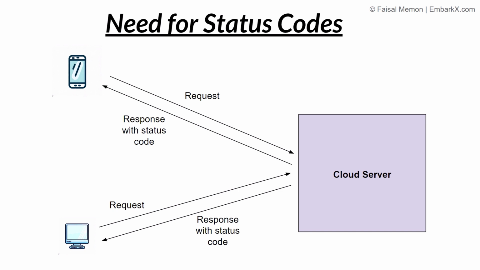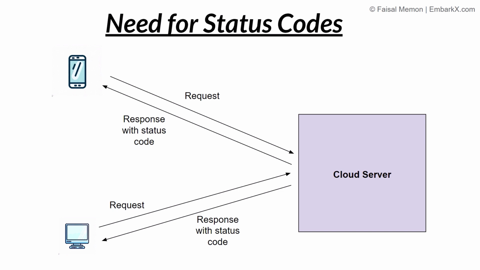Now here, status codes are important because whenever we make a request to the server, we receive the response, of course. But who will tell us whether it was successful or it was not? With the help of status code, and status code is that identifier that helps you understand this. So status codes are 3-digit numbers that represent the status of the HTTP response.